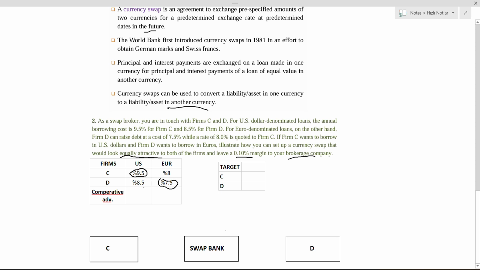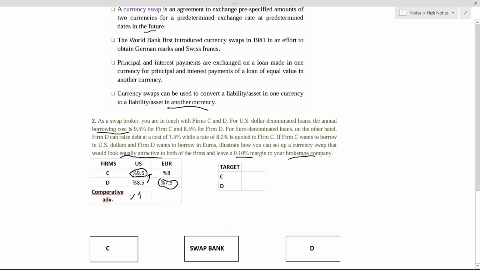What we do in a swap, our first step, is looking at the comparative advantage, and keep in mind that this is a transforming liability question because we are borrowing the money. So let's look at the comparative advantage of C and D under the US dollar. When I look at these rates, I understand that firm D has a 1% advantage when borrowing money.